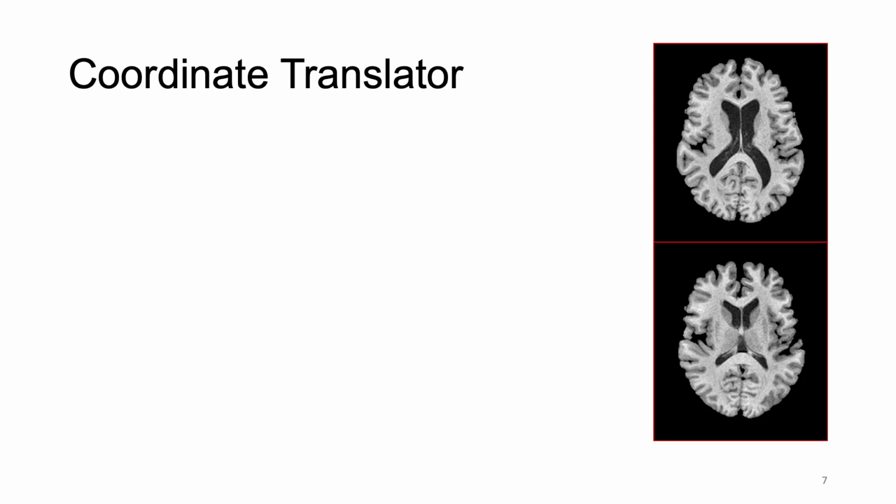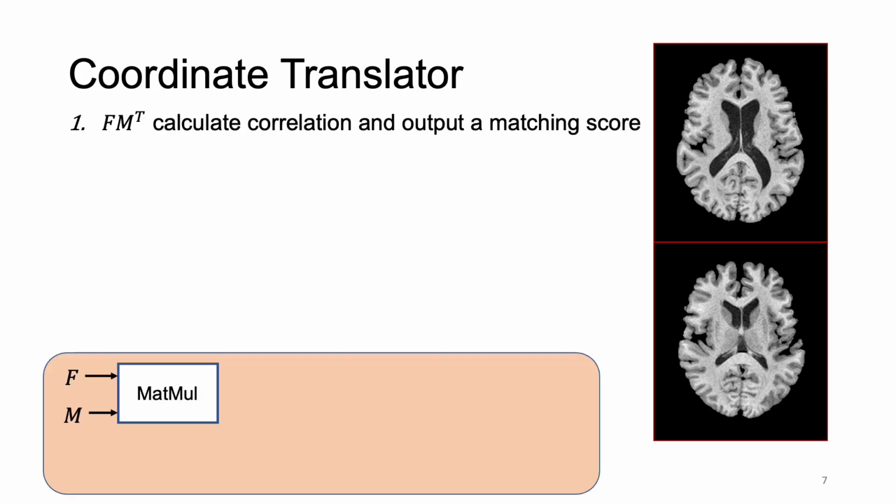In this slide, I will explain how exactly the Coordinate Translator works. Let's start from the attention module we showed earlier for the transformer, but instead of a query and a key for the first two inputs, consider using the feature maps F and M from the fixed and moving image.